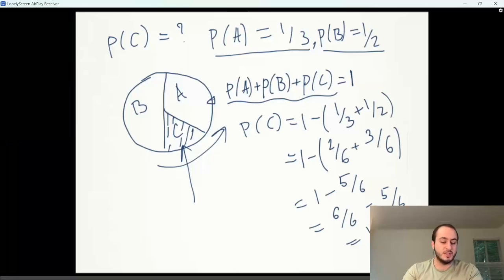But just as a reminder, those areas may not necessarily correspond to the areas shown right here, right? So in a casino, for example, you may have a spinner where areas are equal, right?